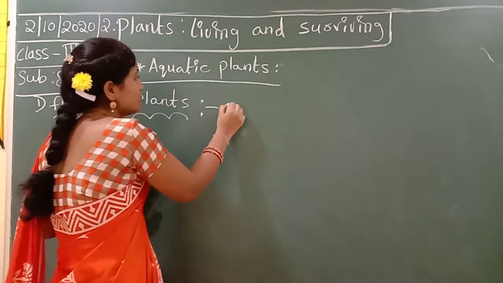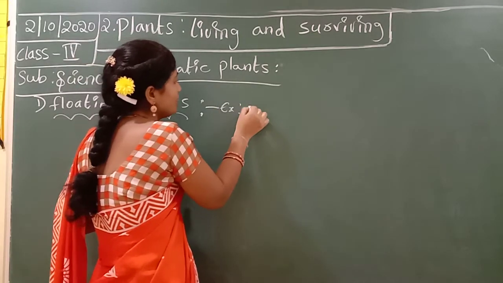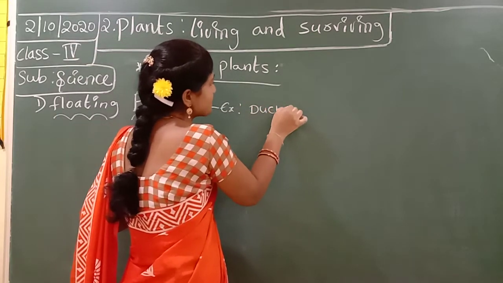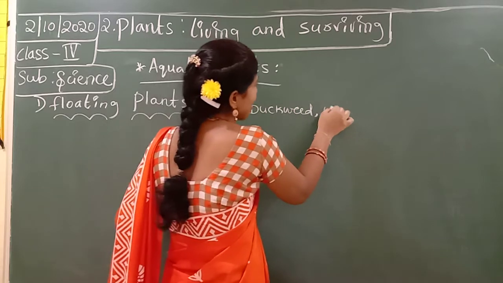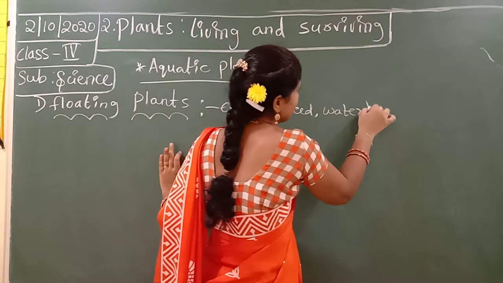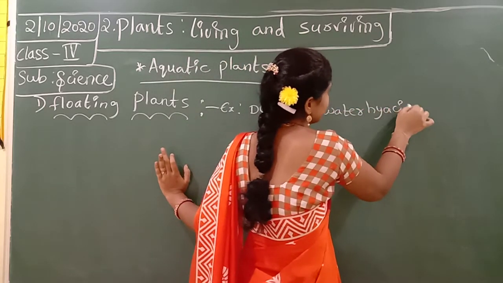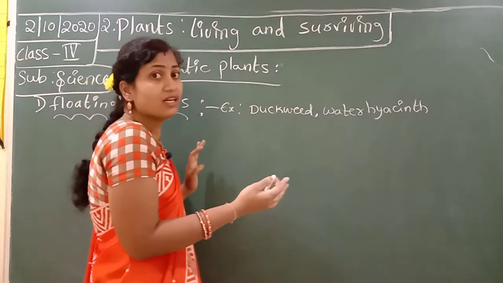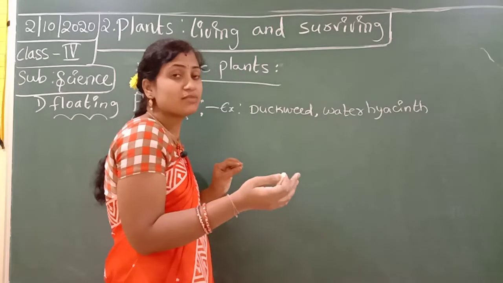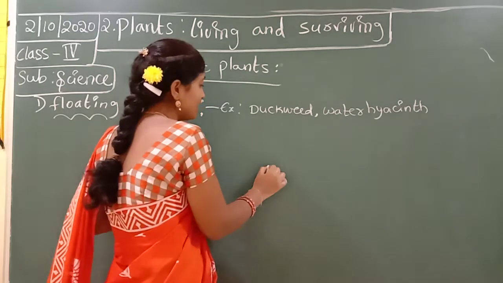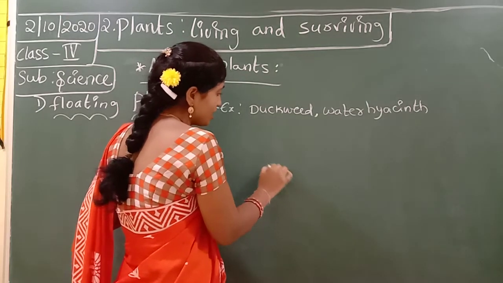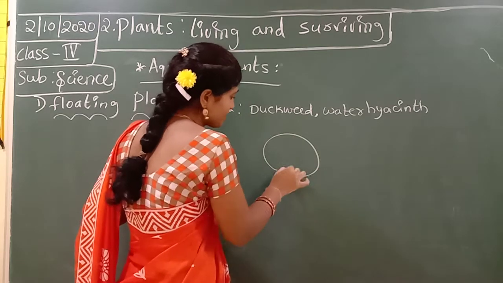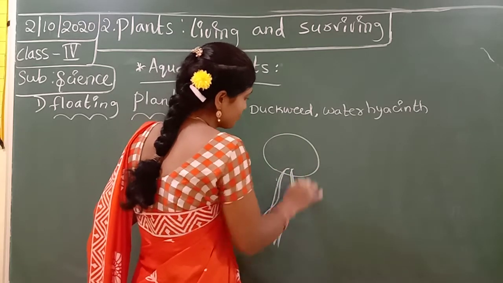Okay children, for example, duckweed and water hyacinth. These plants are very light and very small in size. They can float easily on the water.